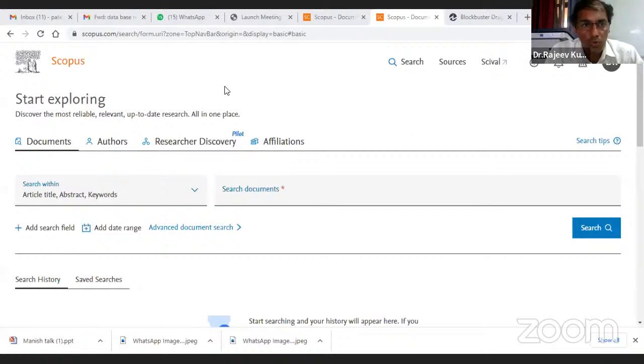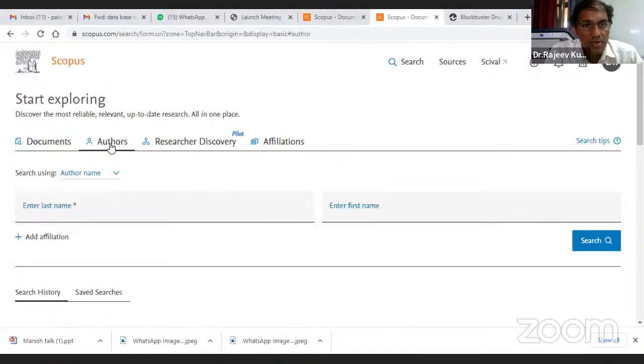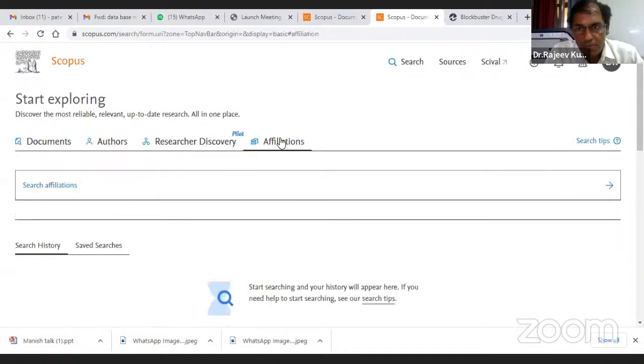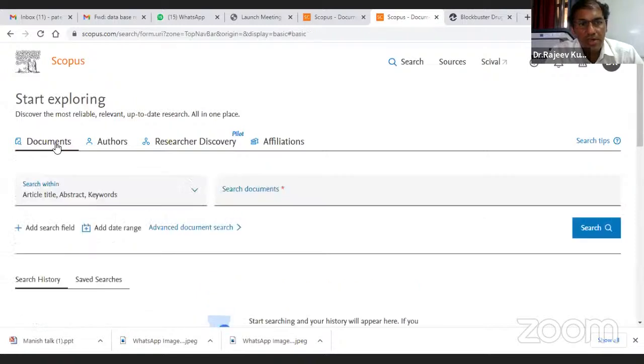You can do a document search here. You can do an author search here. If you have a discovery, you can type in your keywords in this database, and this will return possible answers. You can also search by affiliation, meaning if a person is affiliated to an institute, what all documents are retrieved from that institute. I'll show you how the document search is carried out here.